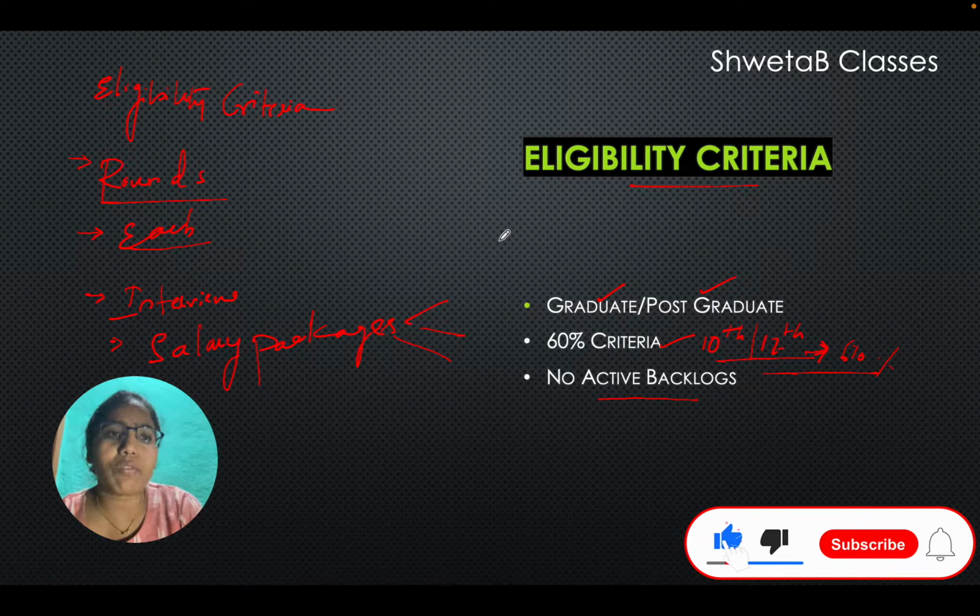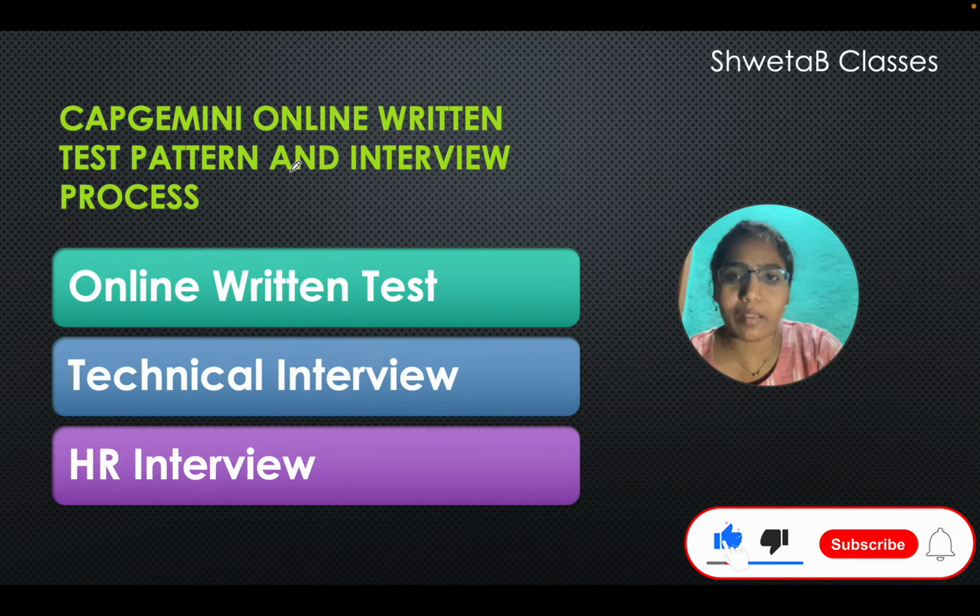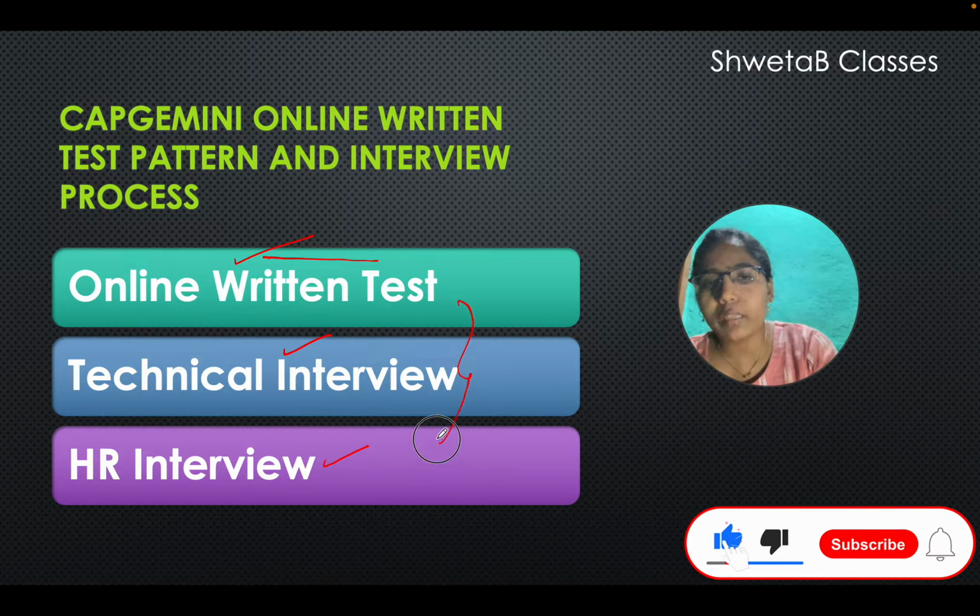Now the next thing we will discuss is how many rounds you need to clear to enter. When I talk about Capgemini online and the interview process, the first thing you need to write is an online written test, and next are the technical interview and HR interview. There are totally 3 types of posts that Capgemini is offering.